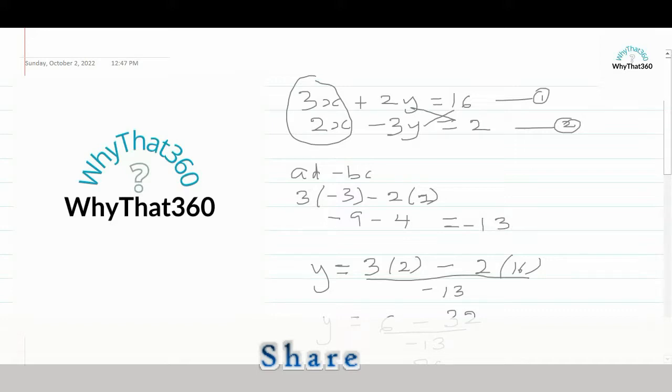This 3 here multiplies this 2, and the 2 multiplies the 16, and it's always the difference that we take divided by the determinant, which is always AD minus BC.